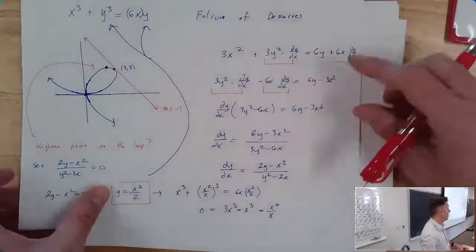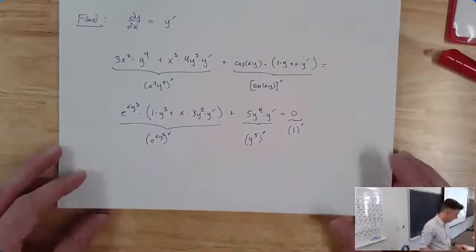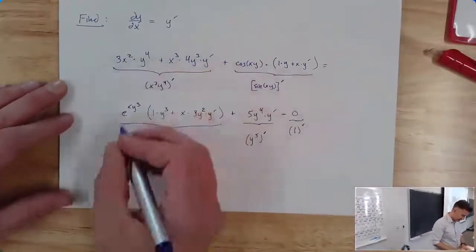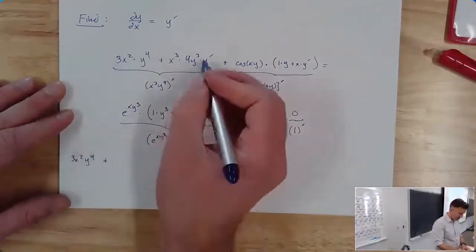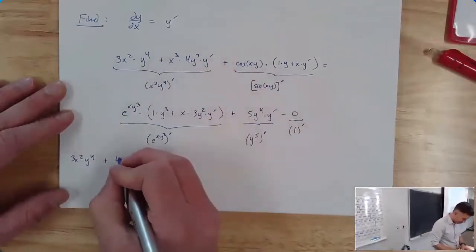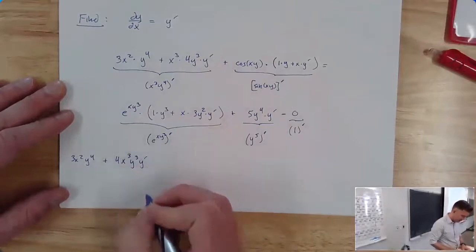Before we can do that here, we have to distribute. So I have to write out that, well, this is fine. I've got a 3x squared y to the fourth plus, I'm going to rewrite this just slightly, bringing out constants in front. So I've got 4x cubed, y prime.